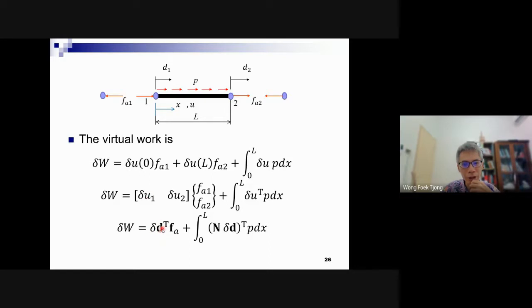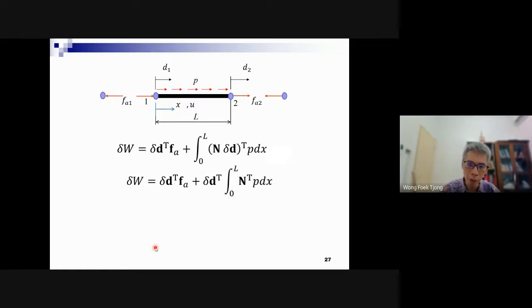So this is delta D transpose, and we recognize that this is FA. Any questions so far? So we have two equations now. As usual, we can put delta D transpose outside the integrals. This is the expression we have for the virtual work of external forces, written in matrix form with the virtual displacement.